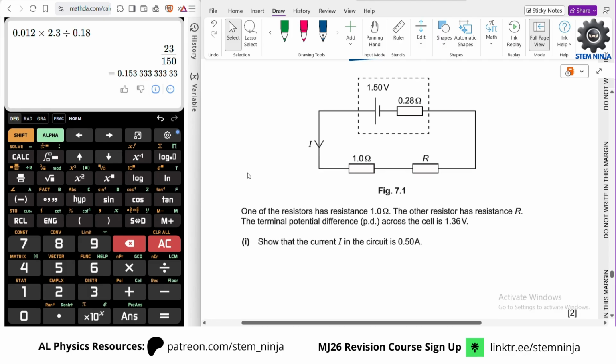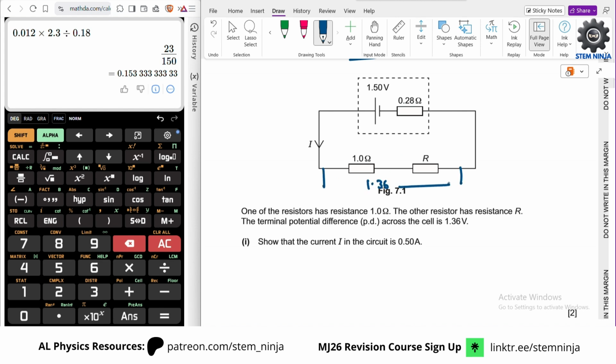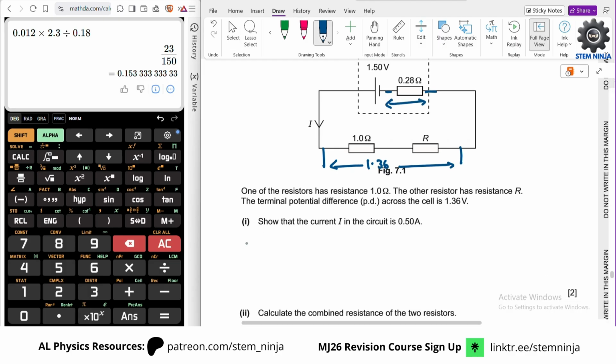is 0.5 amperes. Okay, so you have to remember that the potential difference across this is 1.36. This is your terminal potential difference. However, the same current is actually flowing through this also, and the potential difference across this would be the lost volts.